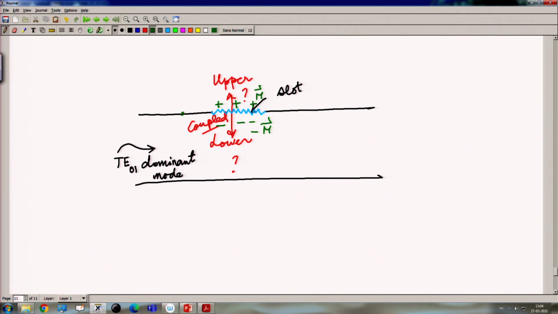So, this is the vertical unit normal on the upper surface and the unit normal on the lower surface.